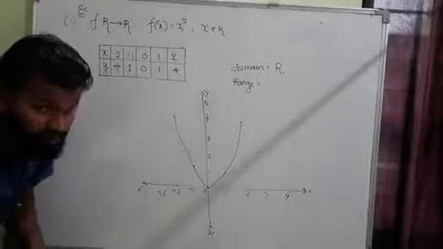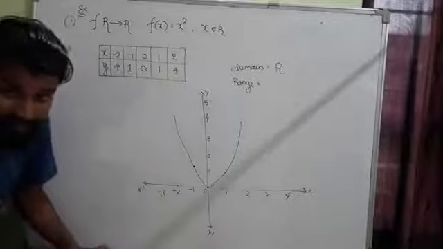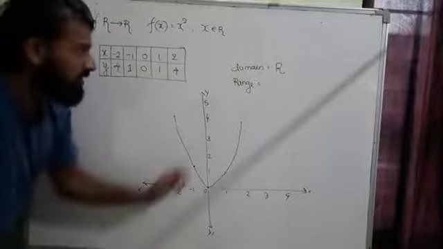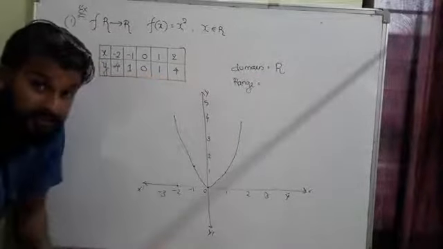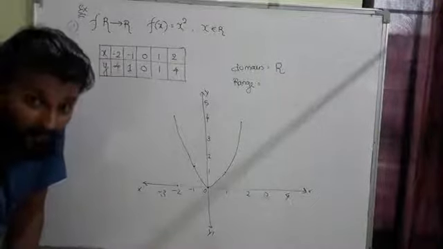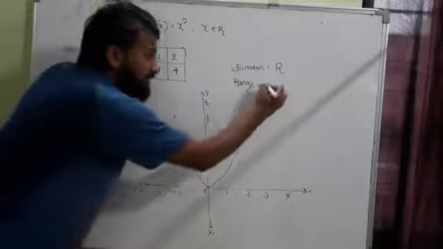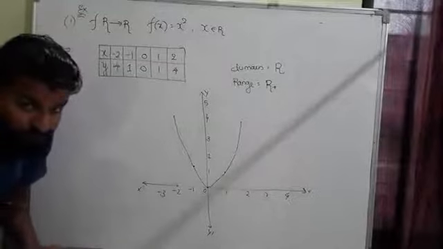Then what about the range? What are the answers that we are going to get? Here there is a tricky thing that you have to see carefully. Some people may say, sir, you take any real number, again your answer will be any real number. Yes or no? So some people may argue with that. But remember, my dear friends, the range will be always something called R plus. What do you mean by R plus?